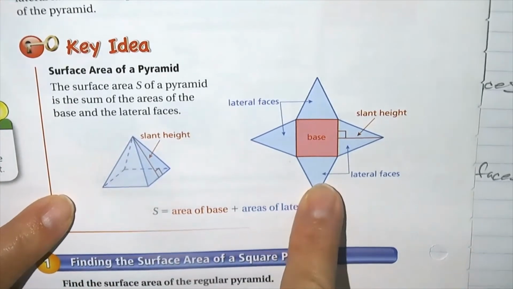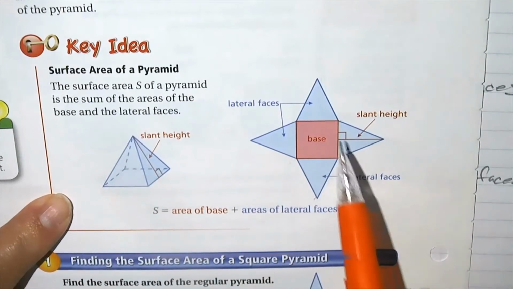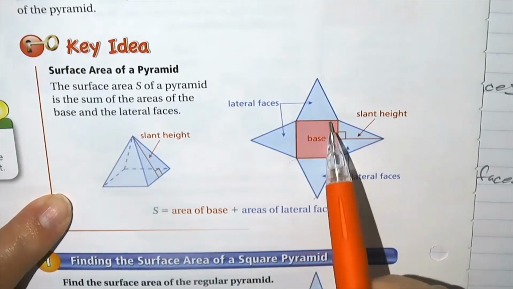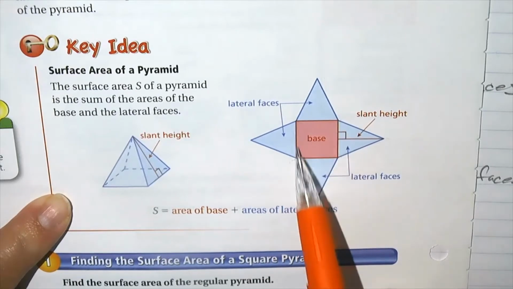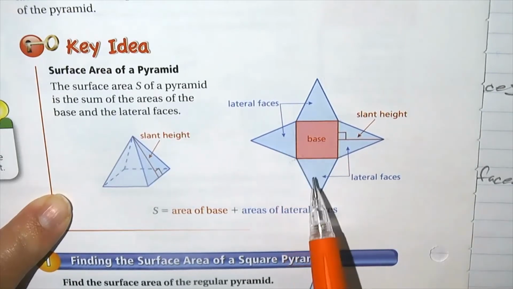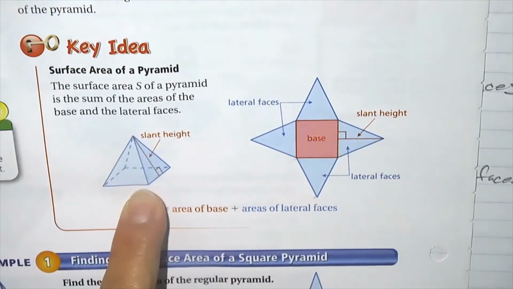It is easier to unfold it. When we unfold it, we can see that the base is a square. A square has 4 sides, so we have 4 triangular faces.